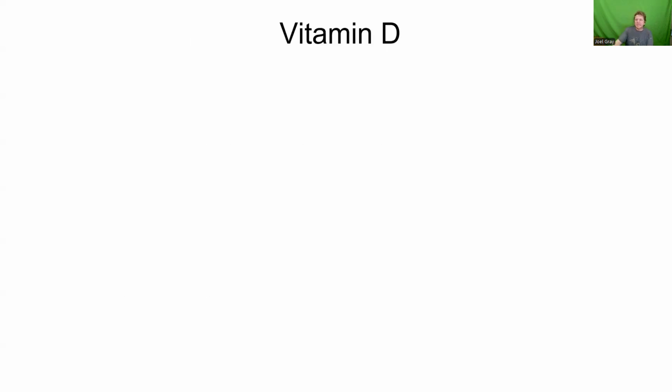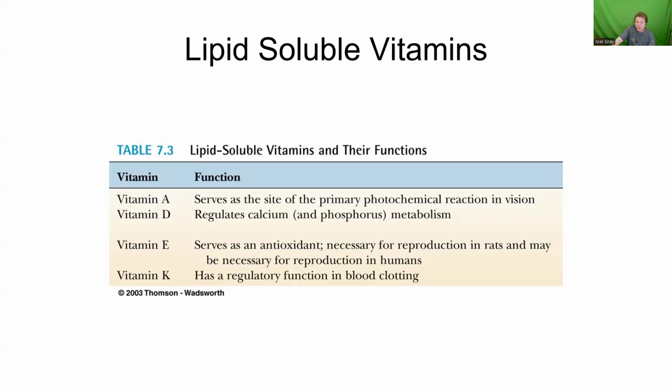Functionally, what vitamin D does is regulate calcium and phosphorus metabolism. By regulating calcium metabolism, it helps your bone strength. In addition, it helps muscles, because too much calcium inside of a muscle is a problem, and vitamin D helps out with that.